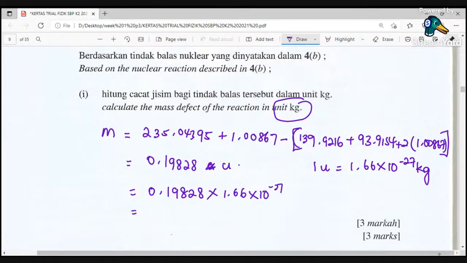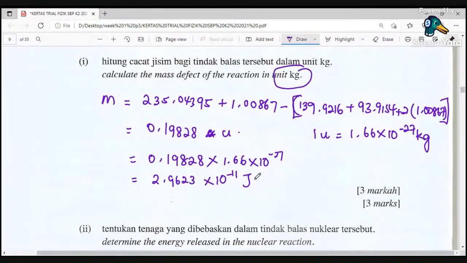So you will get the answer 2.9623 times 10 to the power negative 11 joule. So the answer is correct in joule.